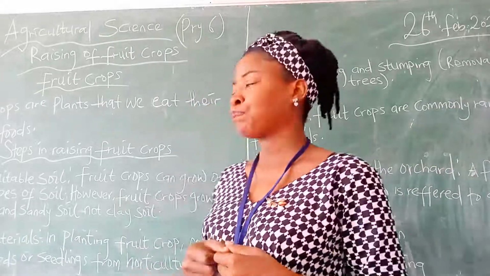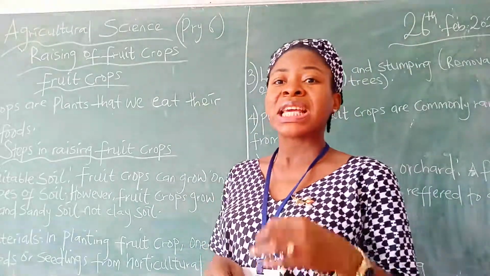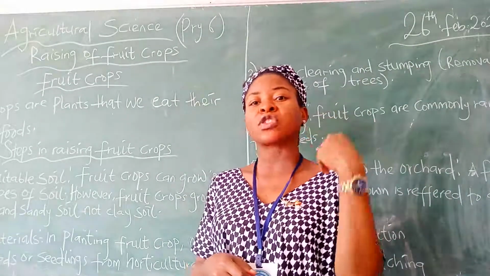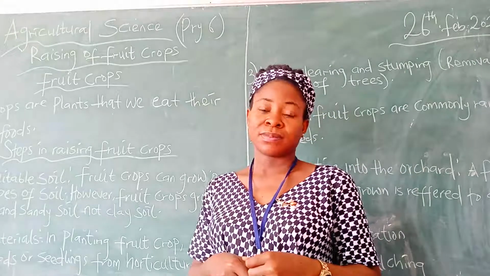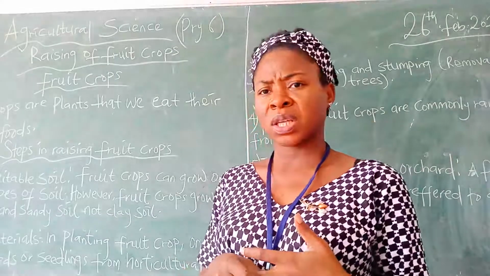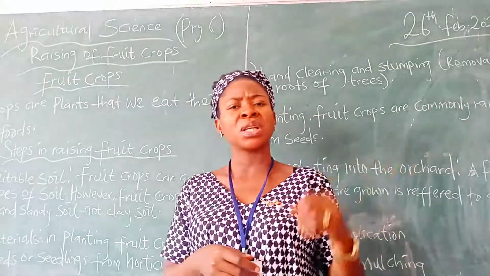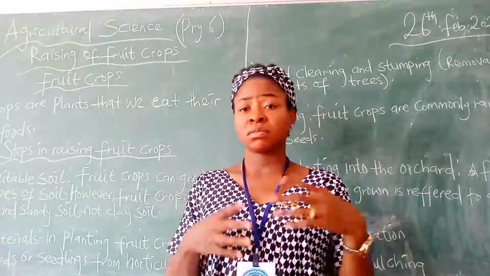Now, in that case, we say that fruit crops can grow on different types of soil. How? When we were in primary 5, we talked about soil formation, types of soil, uses of soil, properties of soil, and so on.